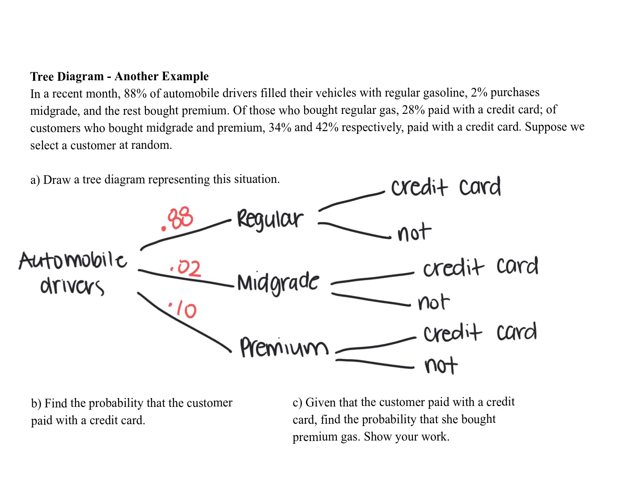For those probabilities, we know regular was 28% that used a credit card, so 0.28, which means 0.72 did not. 34% of mid-grade, so 0.34, which means 0.66 did not. And then 0.42 for premium, which means 0.58 did not.